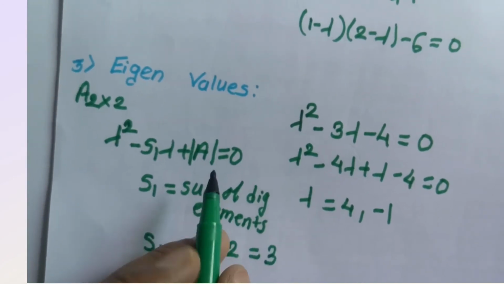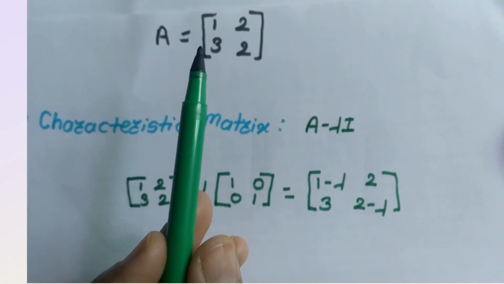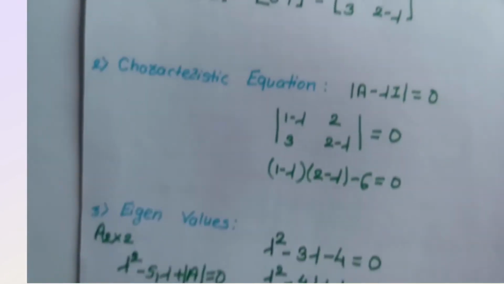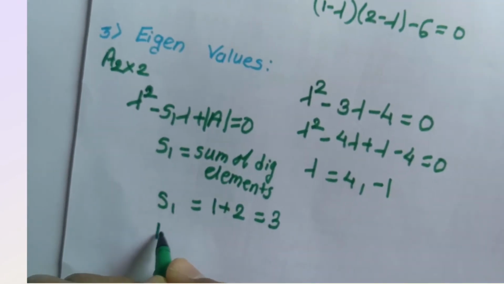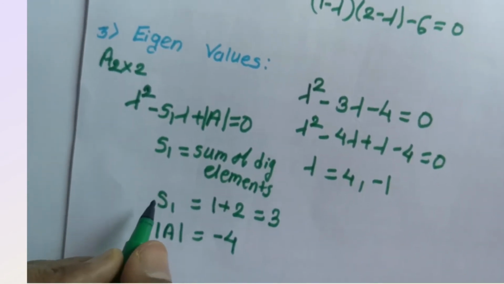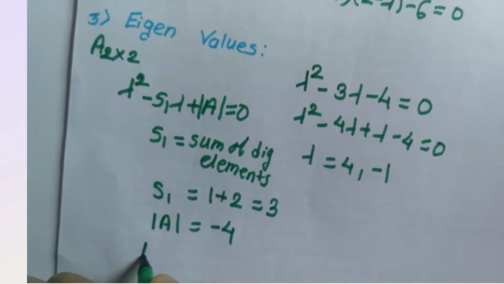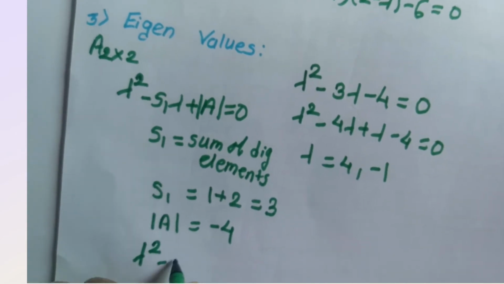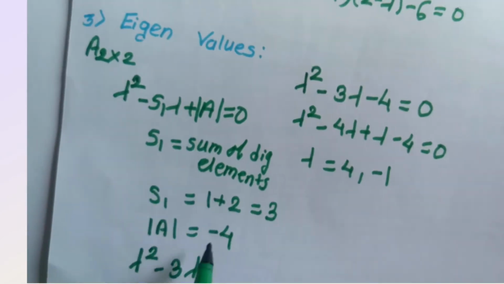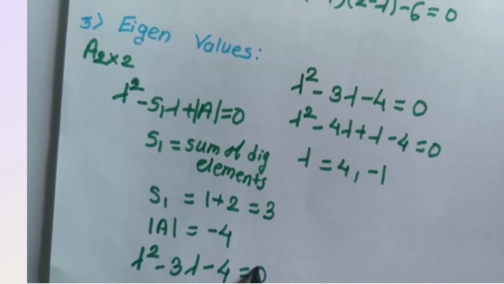Now we have to find the determinant of A. If we solve the determinant of the given matrix A, we get 2 minus 6, that means minus 4. Now put the values of S1 and determinant of A in the equation. We get lambda square minus 3 lambda, where 3 is the value of S1, plus the determinant of A, which is minus 4, so minus 4 equals 0.